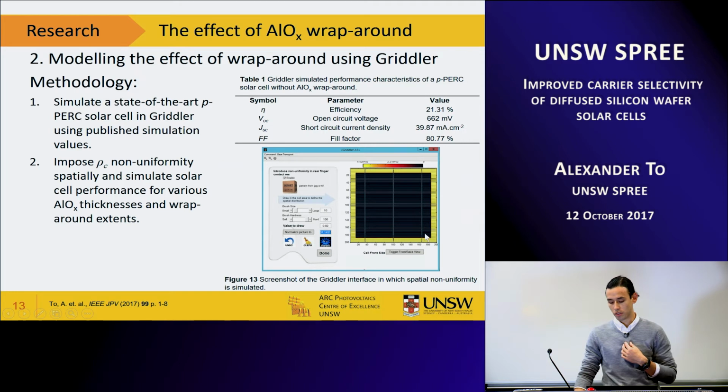For instance, this is a region of 10 millimeters of wraparound from the edge. This region has a contact resistivity of blah, and this region has the unaffected contact resistivity. Instead of blah, we used the average values that we extracted from the previous experiments for 0, 3, 5, and 10 nanometers respectively.